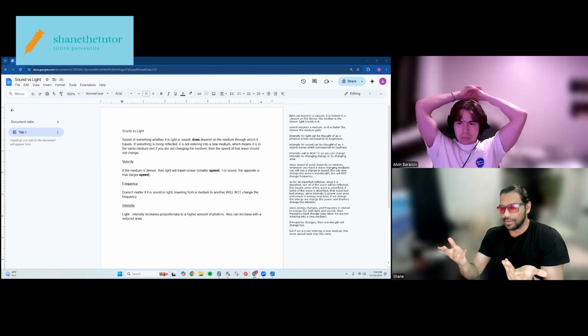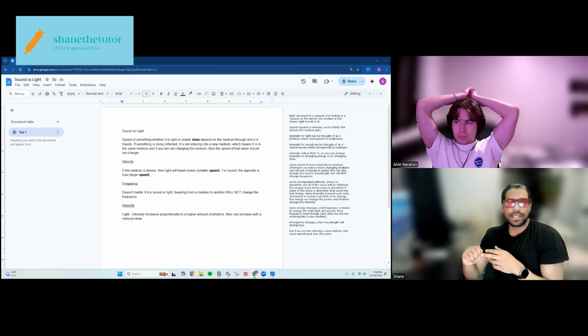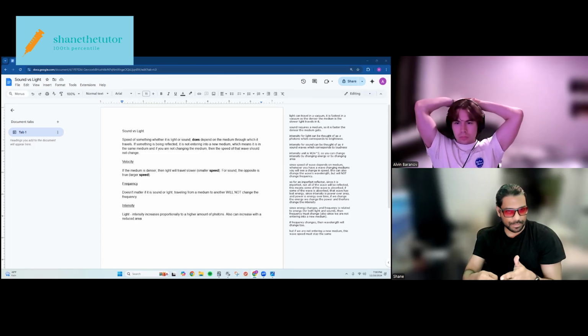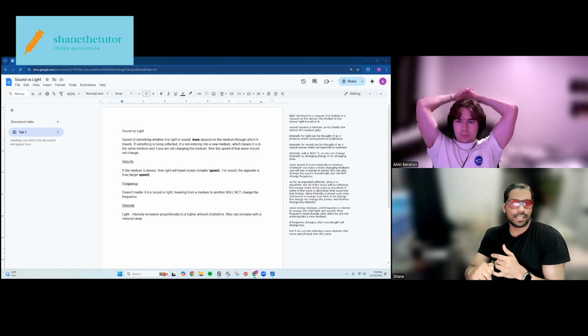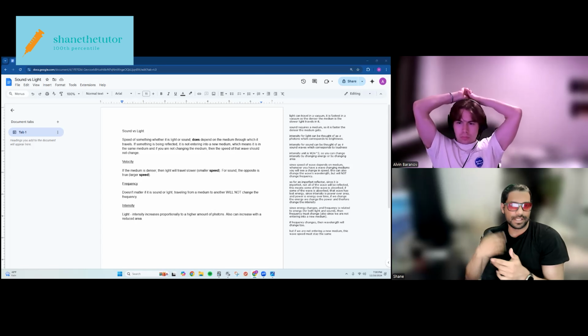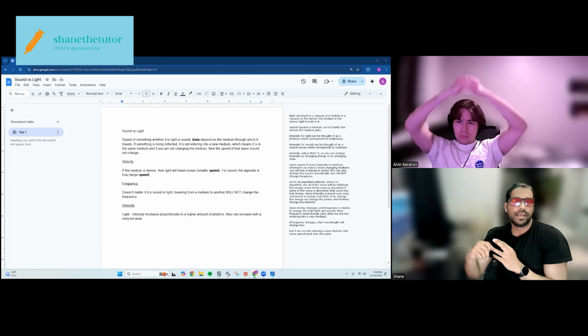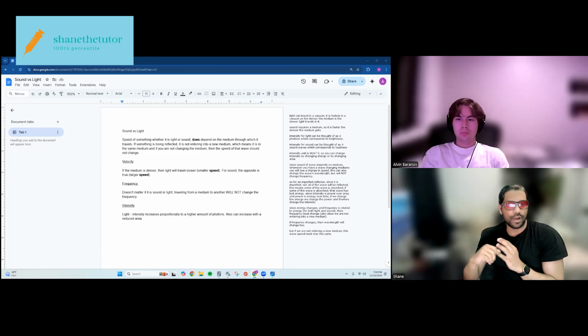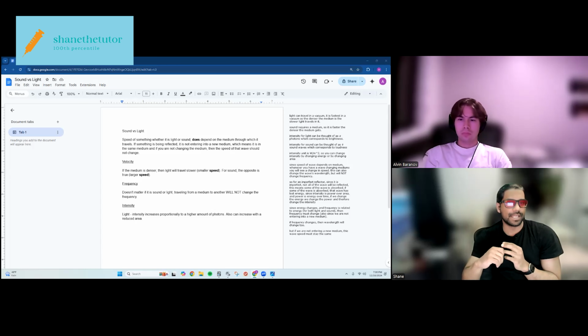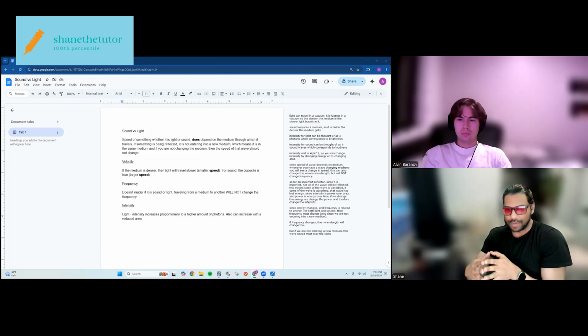You can't have sound in a vacuum. So it is faster the denser the medium gets. Now, intensity for light can be thought of as the number of photons, which corresponds to brightness, and intensity for sound can be thought of as the number of sound waves, which corresponds to loudness.